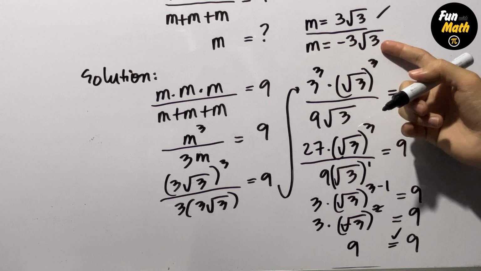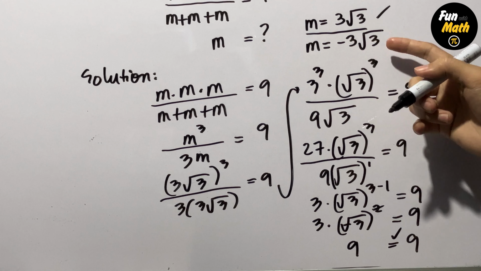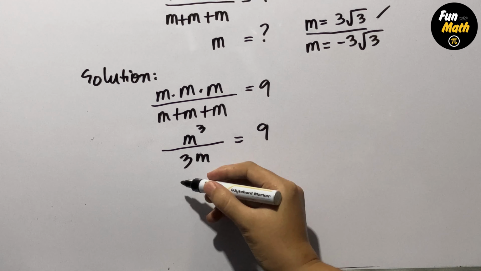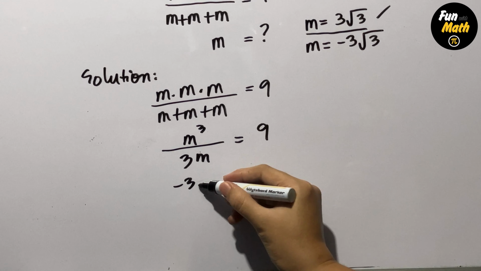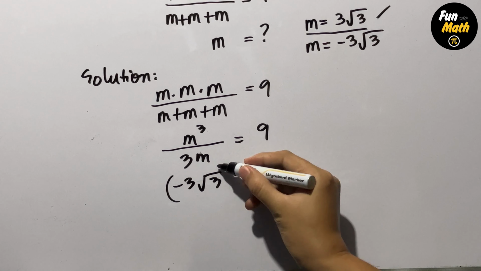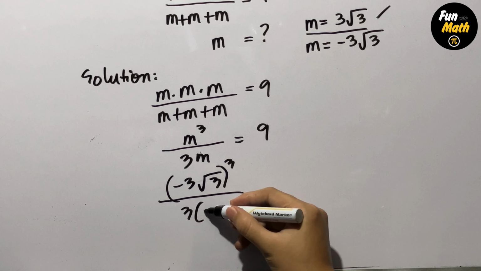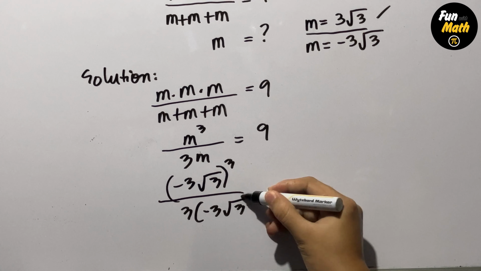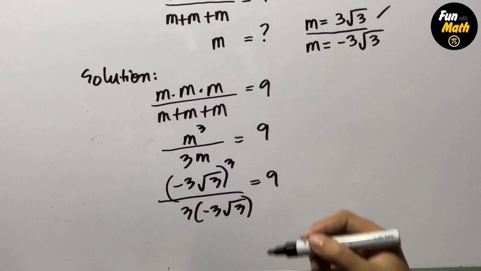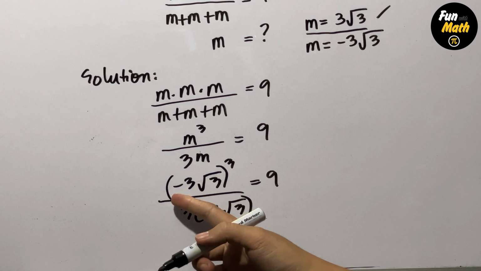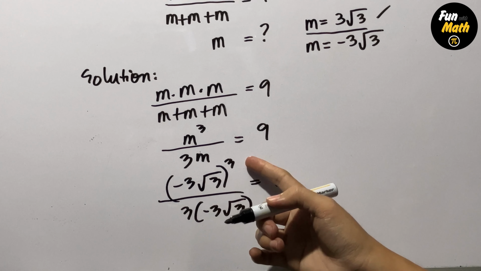Now using this value of m, negative 3 square root of 3. So negative 3 square root of 3 whole to the power of 3 all over 3 times negative 3 square root of 3 equals 9. So same, for this we can separate with power of 3.